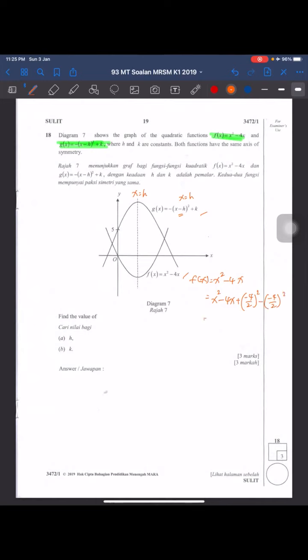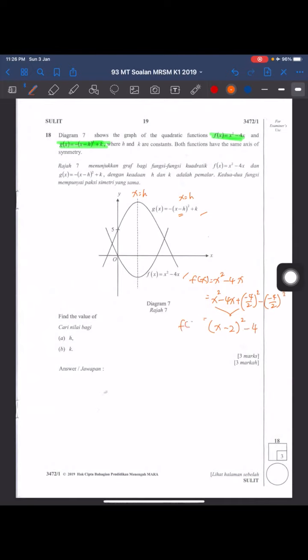Square. So next salin balik bentuk ni, salin balik tanpa kuasa 2. So kita ada x, negative 4 over 2 is negative 2 square. Yang belakang ni kita selesaikan macam biasa. So negative 4 over 2 is negative 2 square, dapat 4, jumpa balik negatif, so negative 4.